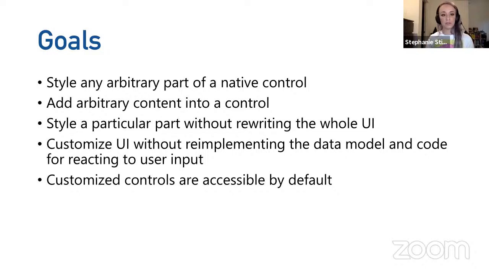So we want developers to be able to style any arbitrary part of a native control. We want you to be able to add arbitrary content into a control, style a particular part without having to rewrite the whole UI, customize the UI without re-implementing the data model and code for reacting to user input. And we want to ensure that customized controls are accessible by default. So we don't want you to have to worry about some missing gap in accessibility. It will be there no matter how you customize your control.